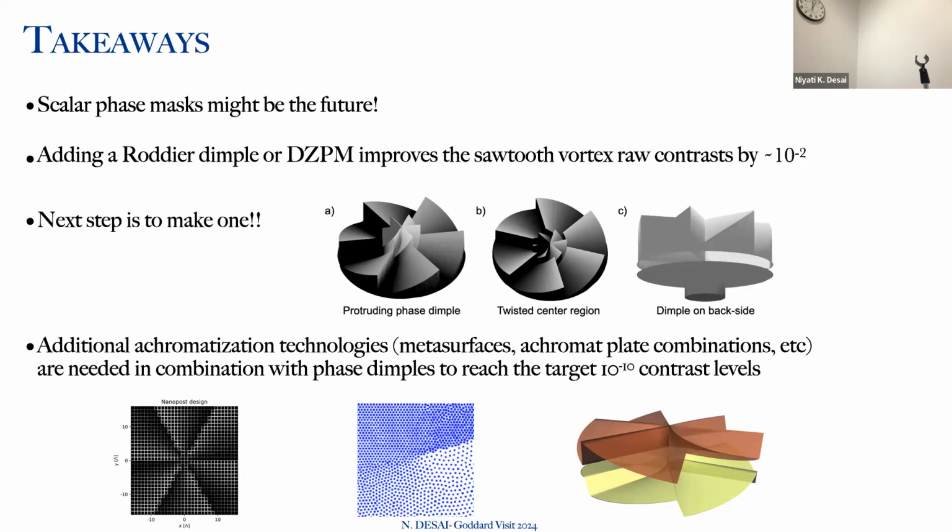Zinc selenide, which is a really hard material to work with, works really well. You get 2-3 orders of magnitude improvement when you combine these together. You get 10 to the minus 11 easily. I really want that, but we're trying to work with places that can give us what we need. But the two that you had said were calcium chloride and barium. Good to know.